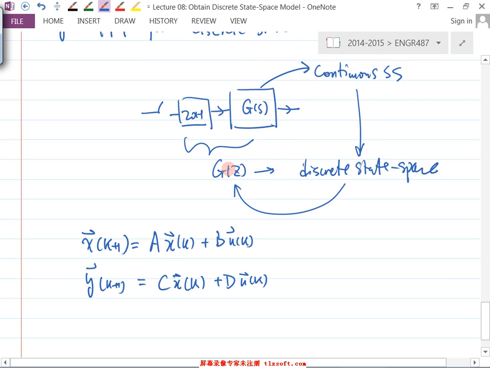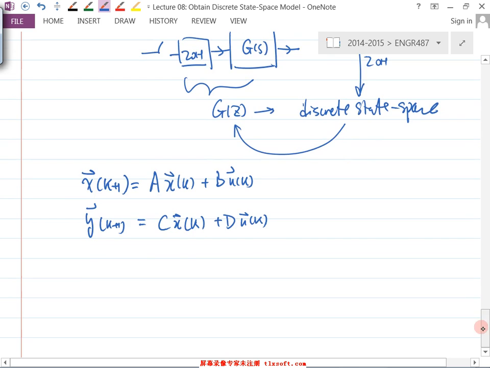Basically from here back over here. From here to here, we're using zero order hold, which is what we just talked about today. So how do we get back here? What we do is take the z transform of both sides of this state equation.